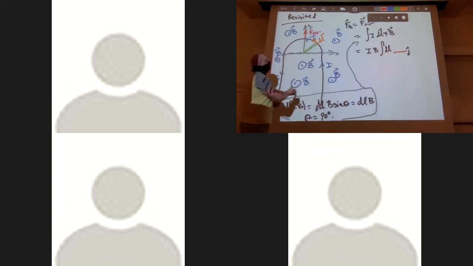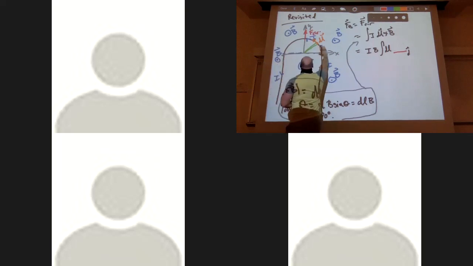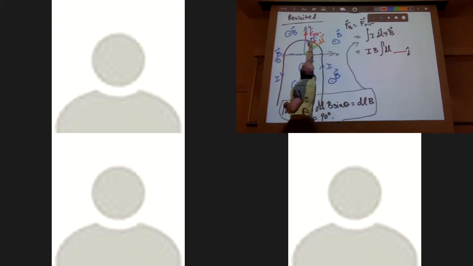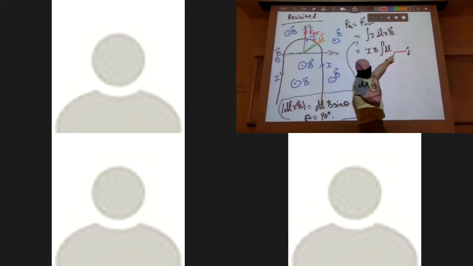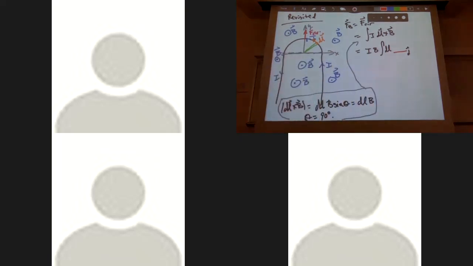Because again, if we're looking at the force, we point our fingers in the direction of the L, curled into the external magnetic field. So our force is doing this, which means all the horizontal pieces of the force are canceling, and we only have the vertical piece. Which means the thing that we forgot last time was to put something in here that said I only want the vertical portion. As you'll find out, if we forget that, it changes the answer completely. We'll see that in just a second.